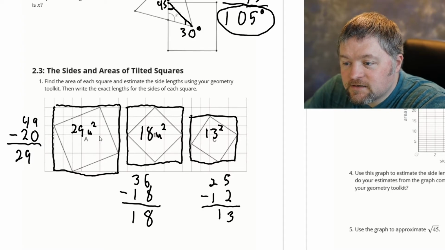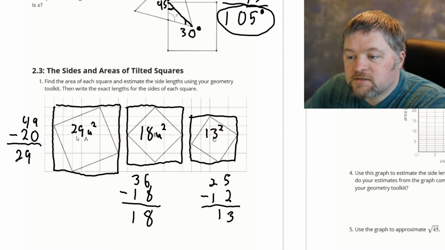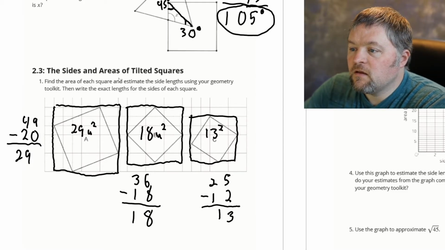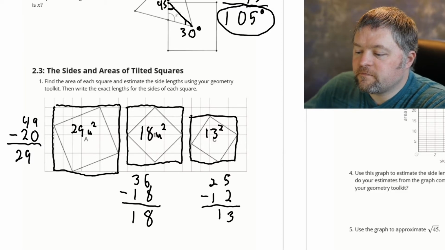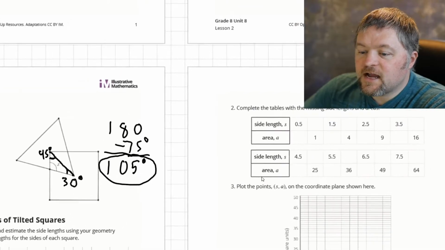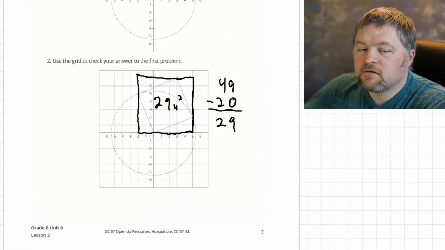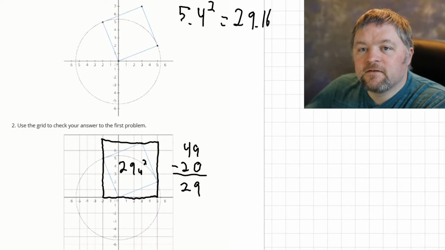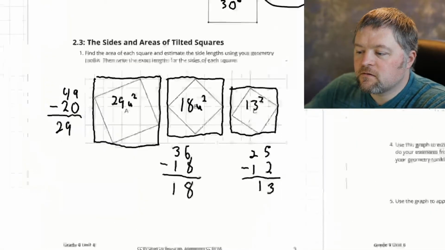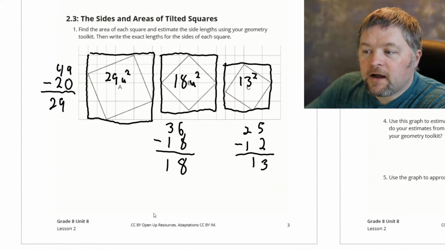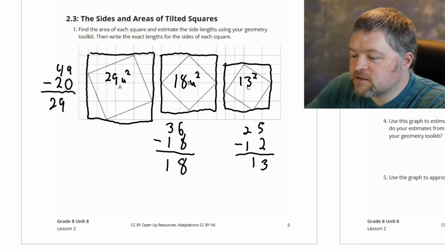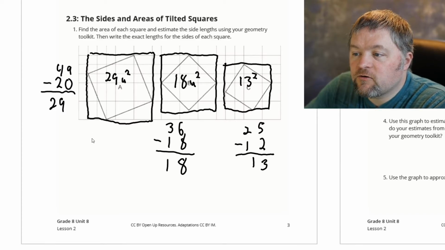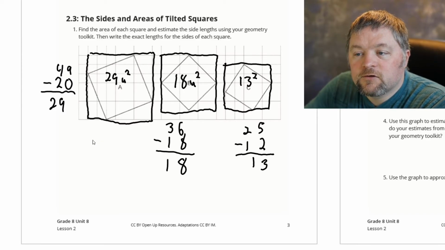It's less than 6 because this is less than 36. From our first problem, we saw that the side length is approximately 5.4. But if we want to be more accurate with this, we need to find the square root of 29.